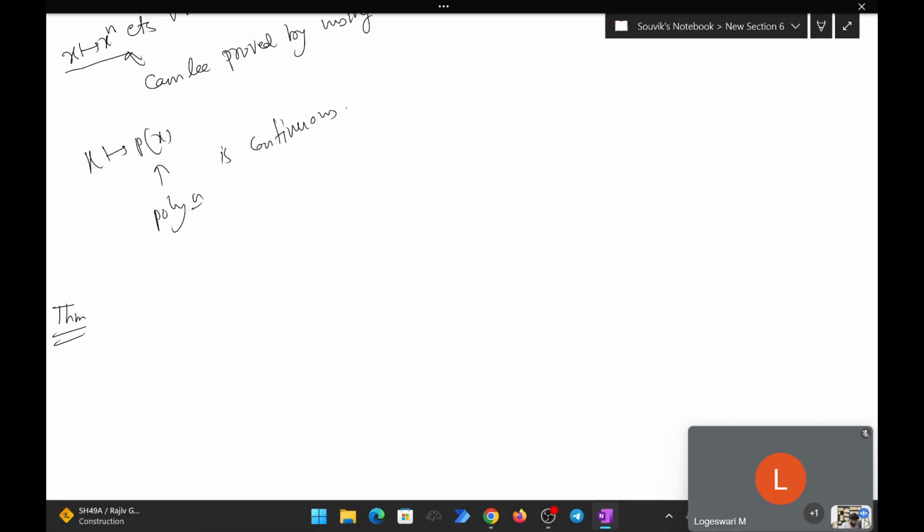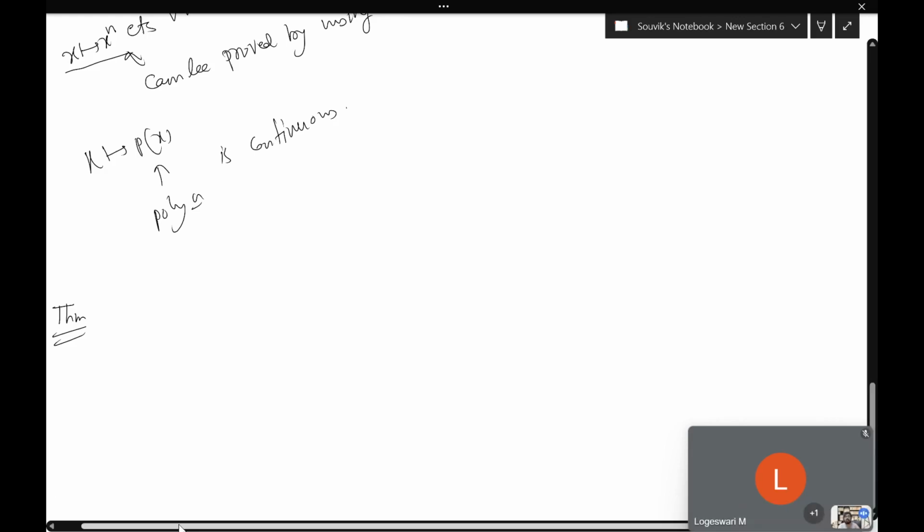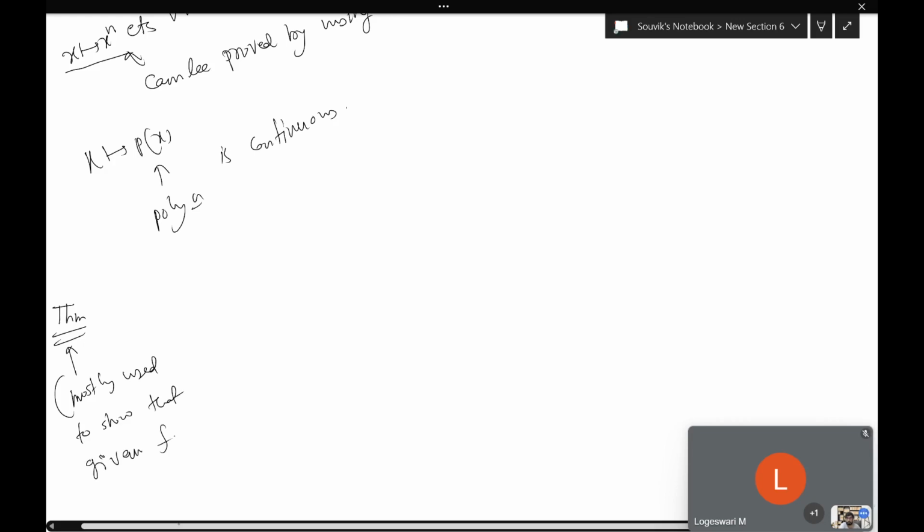So if someone asks us to show that a function is not continuous, then we need to use this theorem.